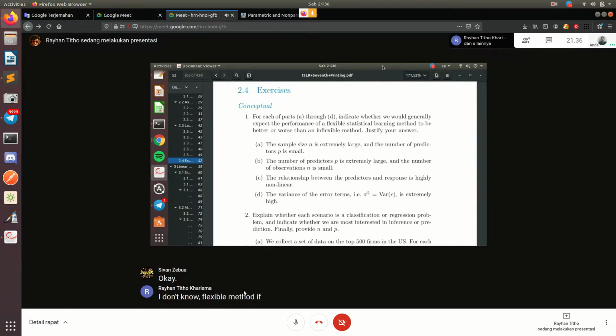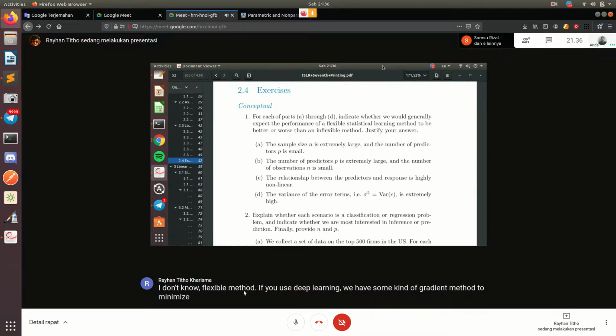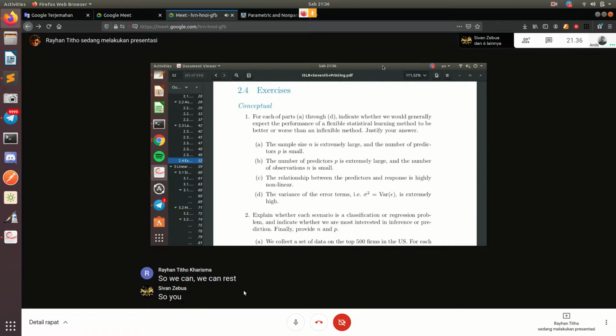If we use deep learning, we have a gradient descent method to minimize the error, so we can rest assured because the optimization method will make sure that we find the lowest error. Well, we hope, but in reality it's never the global minimum; it's always a local minimum. But that's my answer.